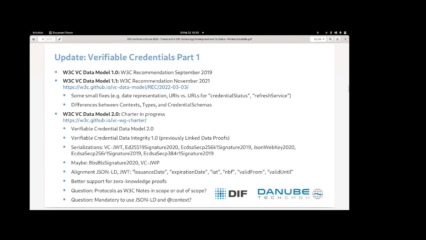So one objective is to try to fix some of this. Another objective will also be to have better support for selective disclosure and zero knowledge proofs, which has to do a little bit with BBS plus signatures, but we'll talk about that a little bit more on the next slide.